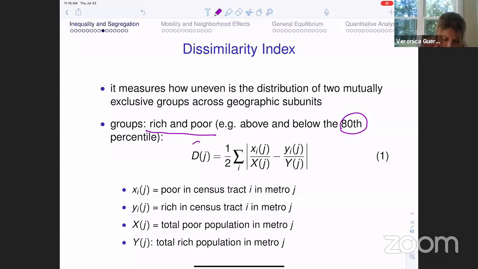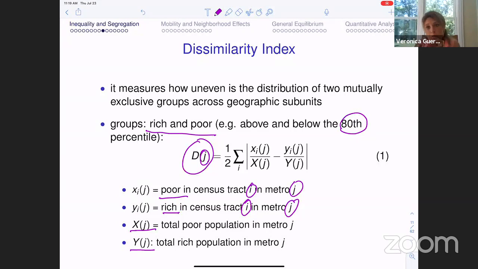And then this is the dissimilarity index. J is a metro area, in metro area J. Little x_ij is the poor in census tract i in metro area J. Little y_ij are the rich in census tract i in metro area J. And capital X_J and capital Y_J are the total poor population in metro J and the total rich population in metro J. So the dissimilarity index measures how many rich there are in that census tract relative to the total amount of rich in the metro area, relative to how many poor there are relative to the total amount of poor in the metro area.